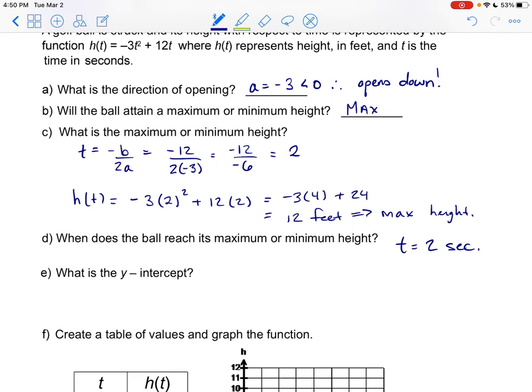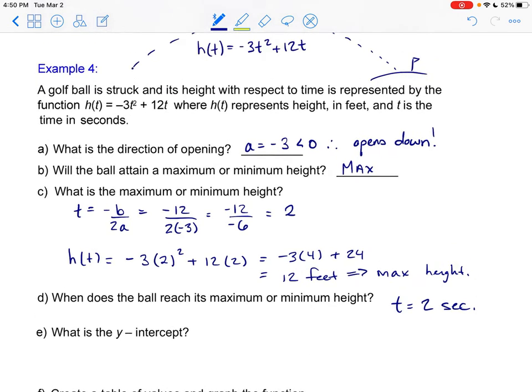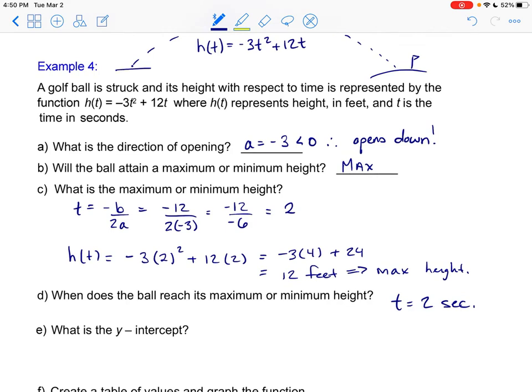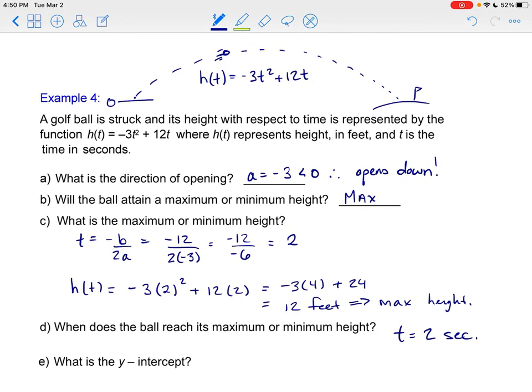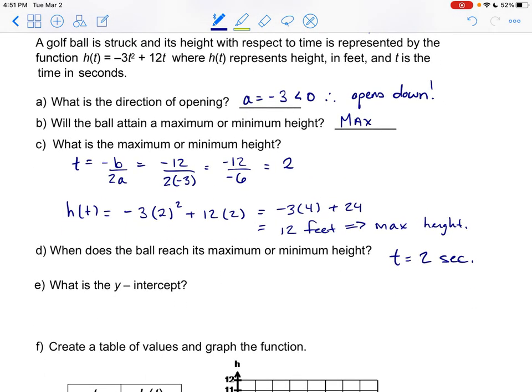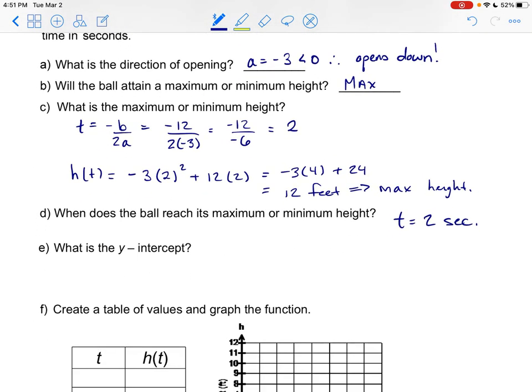So our y-intercept here will be that we'll say that the golf ball starts at a height of 0. It soars up to a maximum height up here somewhere of 12 feet, and it lands, wherever it's going to land, assuming back at 0. So our y-intercept will be 0.